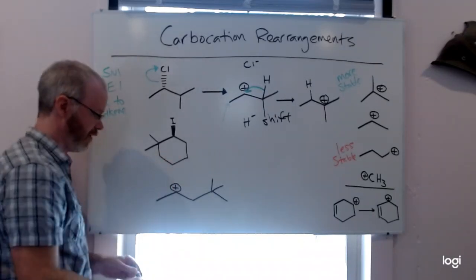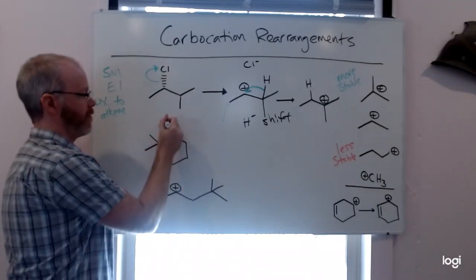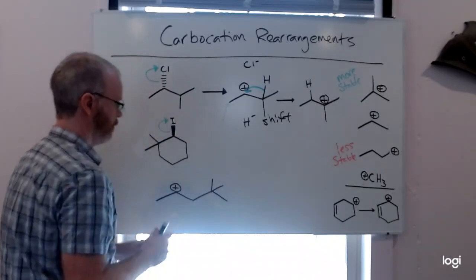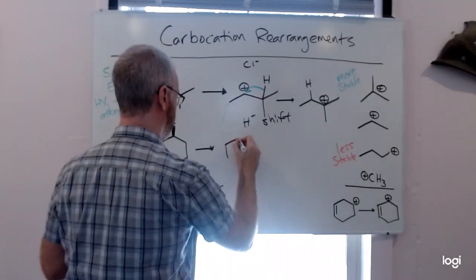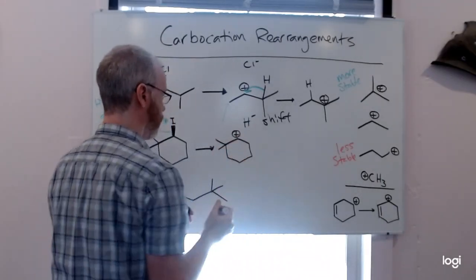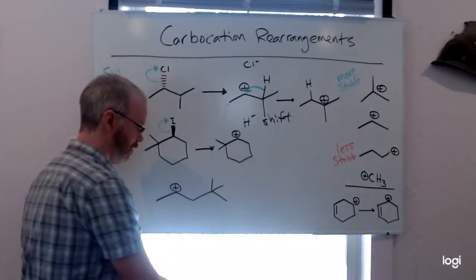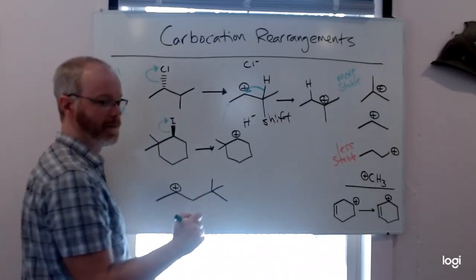I'll show you a different example. All right, we'll do our first SN1 or E1 step here. So our positive charge is up here, and we've got to stop and think again. It's best to be methodical about this if you can.